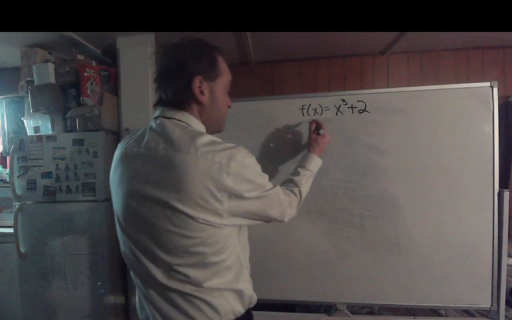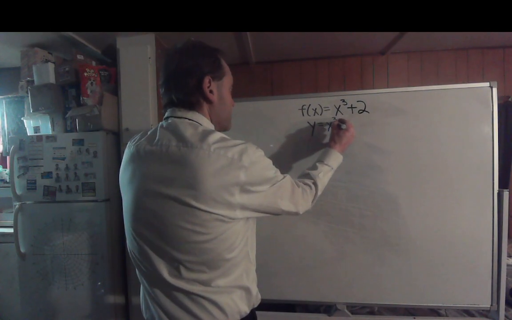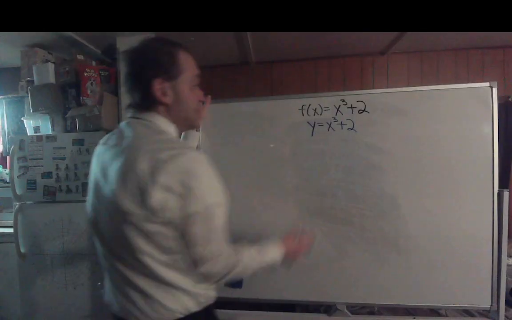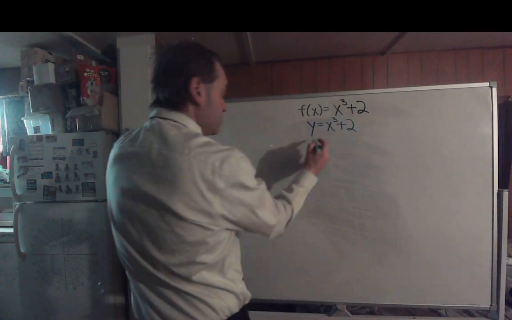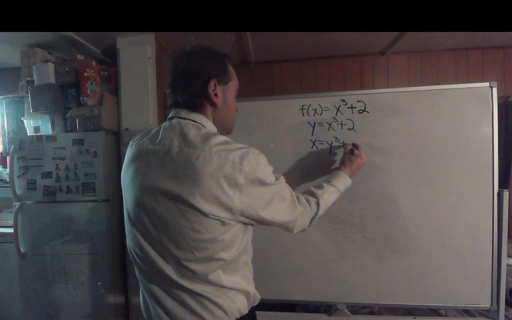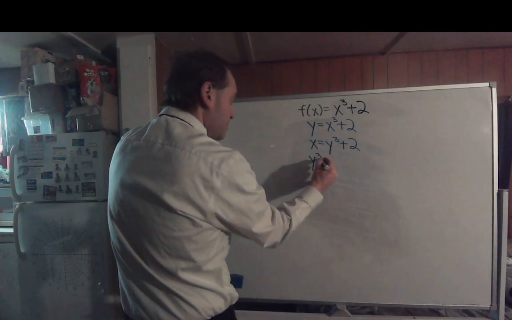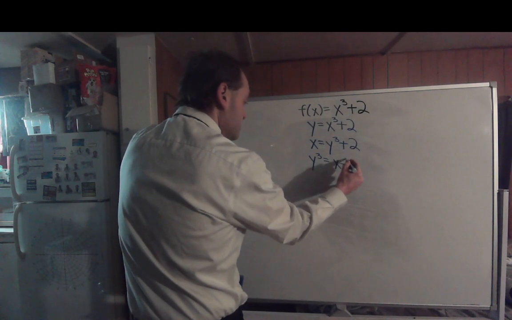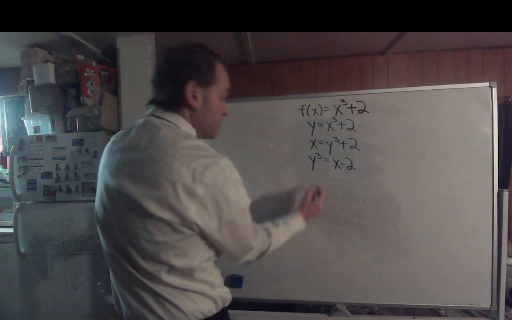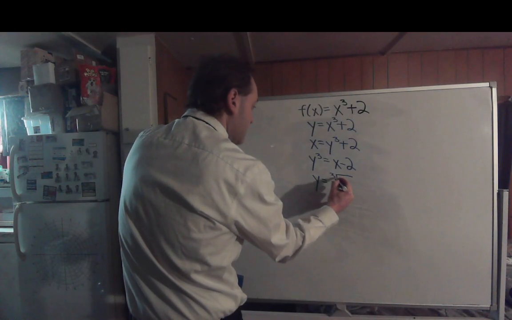So change that f of x into a y. So y would equal x to the 3rd plus 2. Now you're just going to switch places with x and y. You would get x equals y to the 3rd plus 2, which would mean that y to the 3rd is equal to x minus 2. So then y would be equal to the cube root of x minus 2.